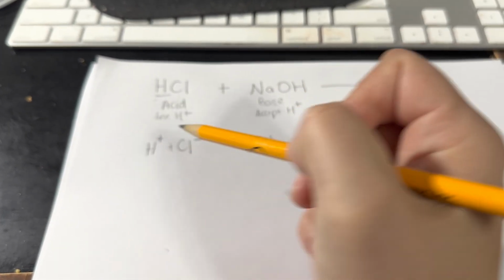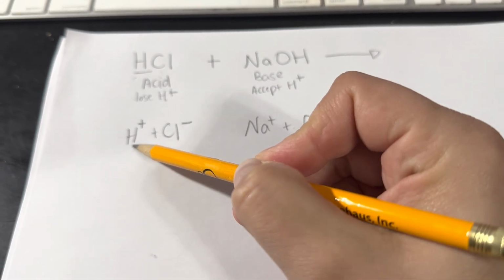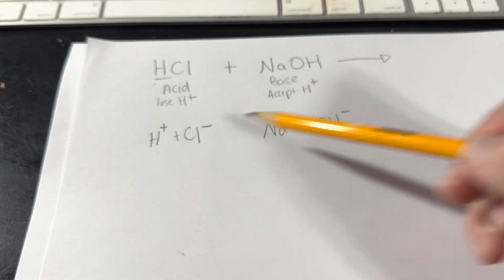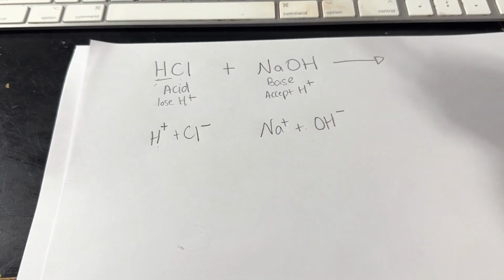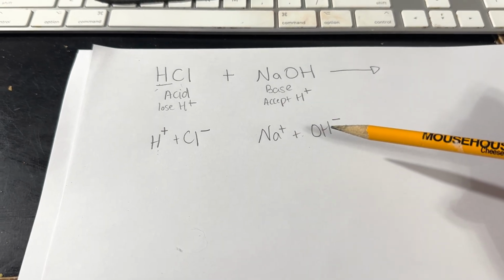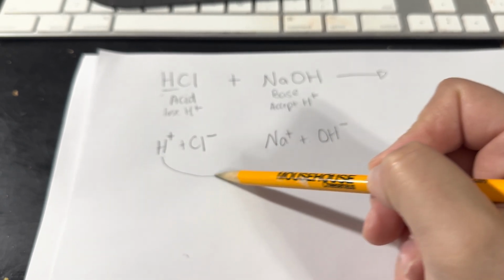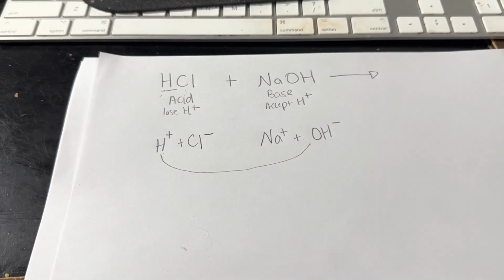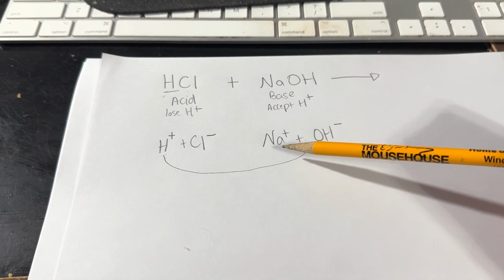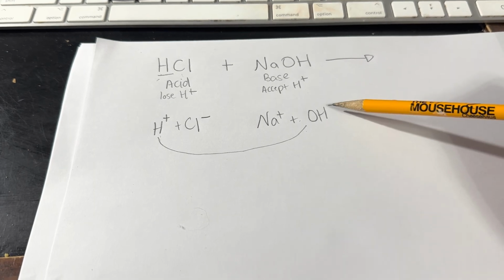So since this species is going to lose its H plus, this one is going to accept its H plus, but because of their charges, which piece over here is going to accept that H plus? The only one that can is the -1. So this plus is going to go with the negative ion, and it's going to leave its cation. That cation is going to be free. It's no longer going to be associated with this OH negative.